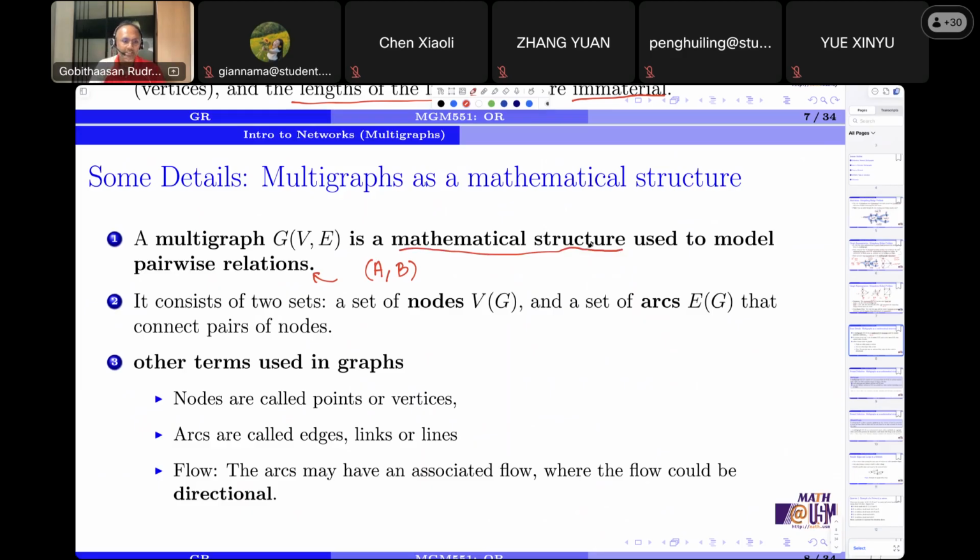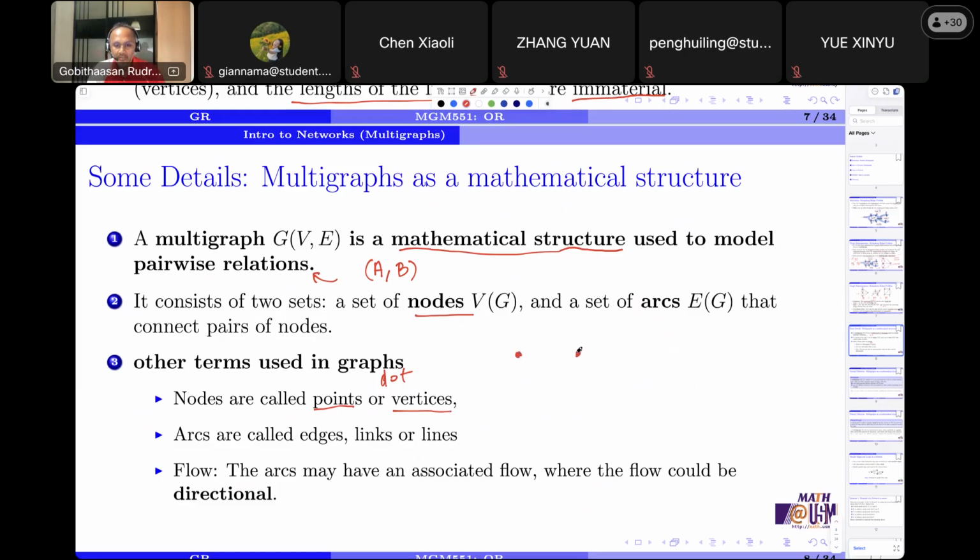Okay, and it consists of two sets. One is for nodes. Nodes we also call points, sometimes dots, sometimes vertices. They all carry the same meaning.